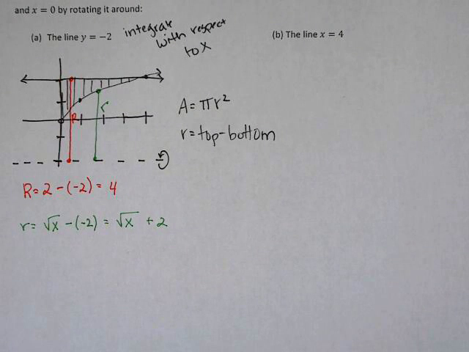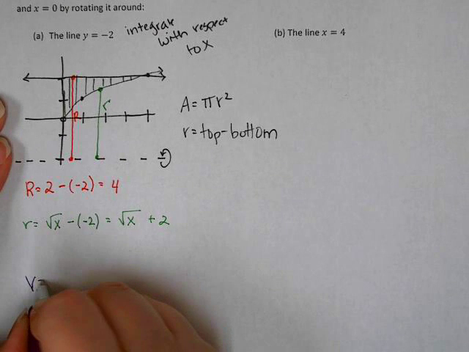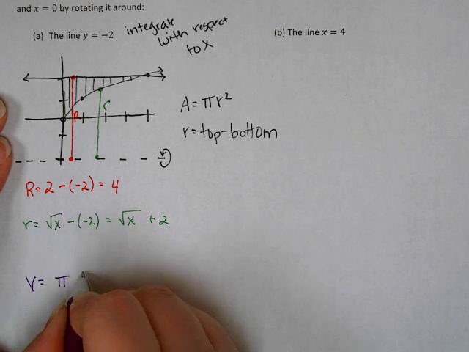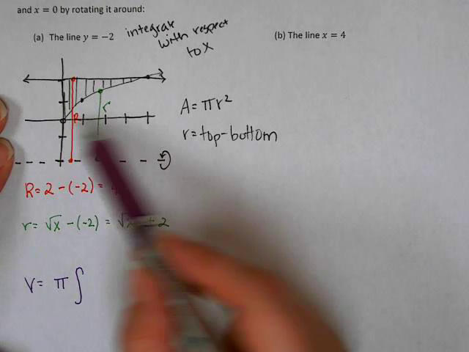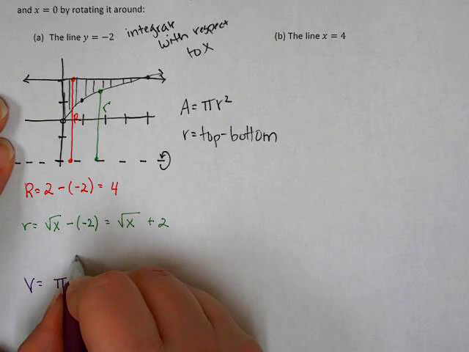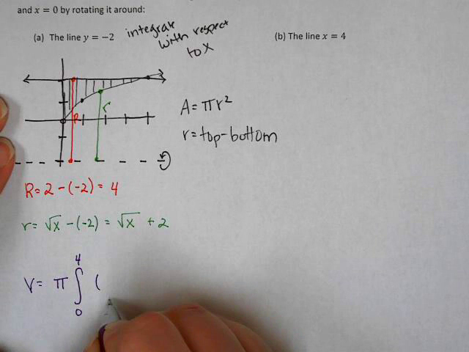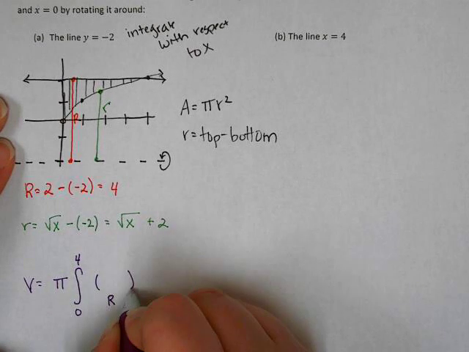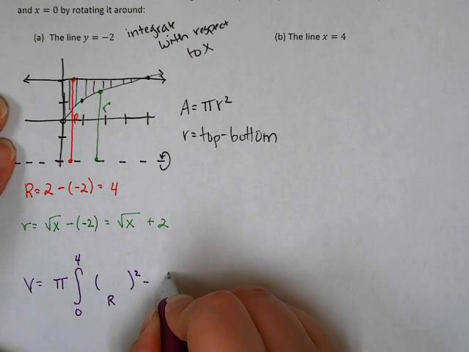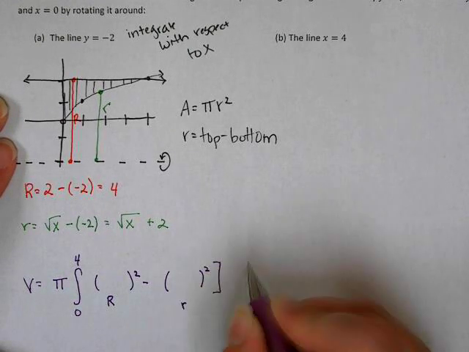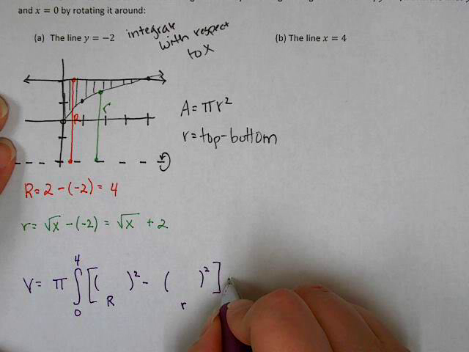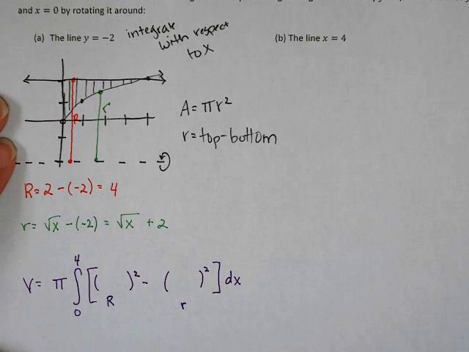So if we want to find the volume there, volume is going to be pi times the integral. Let's see, we're going from 0 to 4. And we're going to have the big R squared minus little r squared. And we're integrating with respect to x, so we're going to end our integral with a dx.